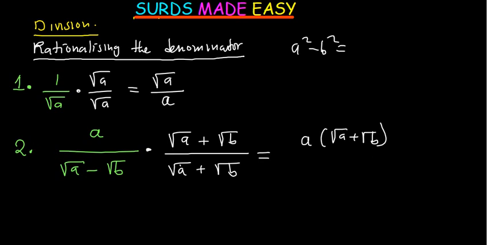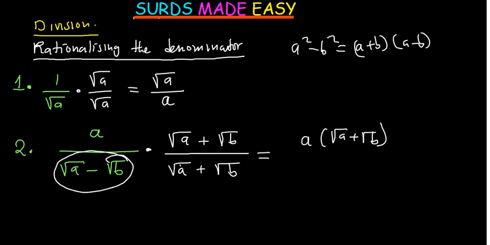How do you factorize that? It is a plus b, a minus b, if you've forgotten. Can we remember now? So same here. This is a minus b, this is a plus b.